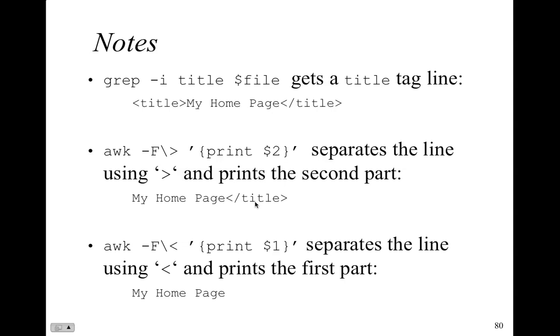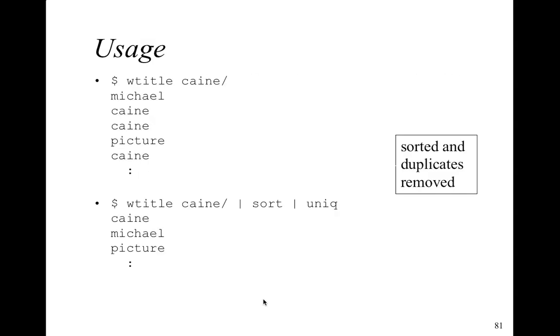So awk -F with another example separates the line using the symbol and prints out the first line. So, my home page. This is actually the better, cleaner-looking example, I believe. So there are your command line switches with utilities like awk and grep that I went over in the first interactive session. So go back and look at those lectures if you're interested in those commands. You'll have to use them in a couple of the assignments to do some automated stuff.